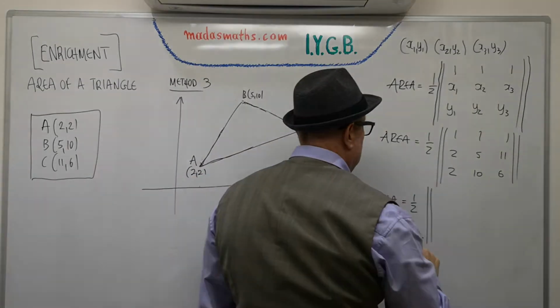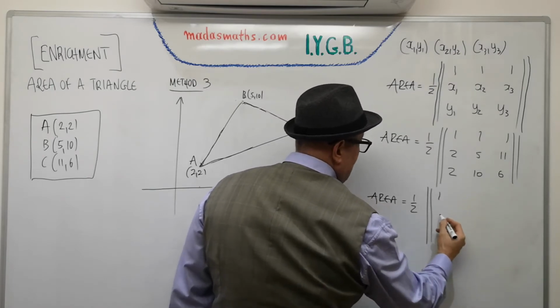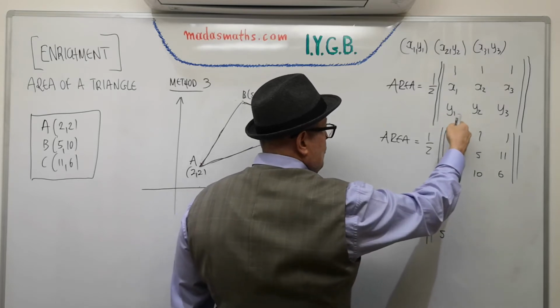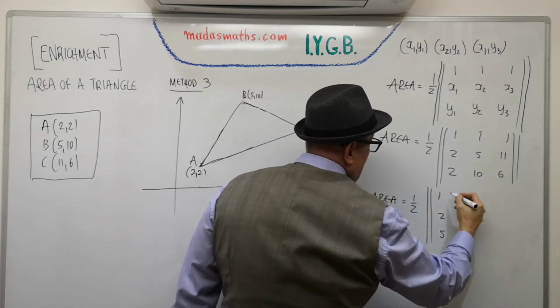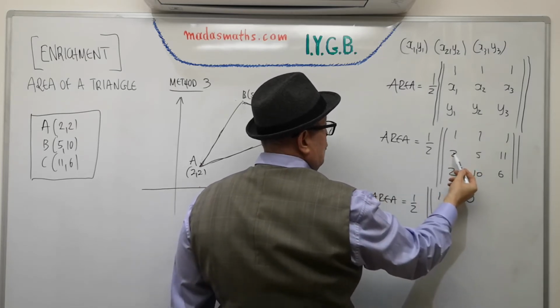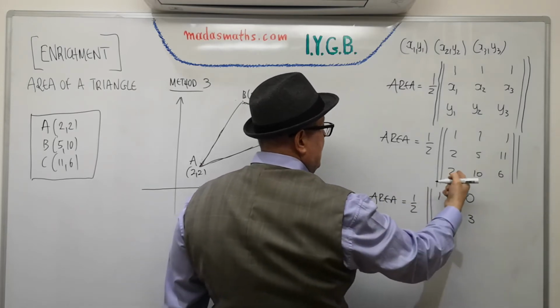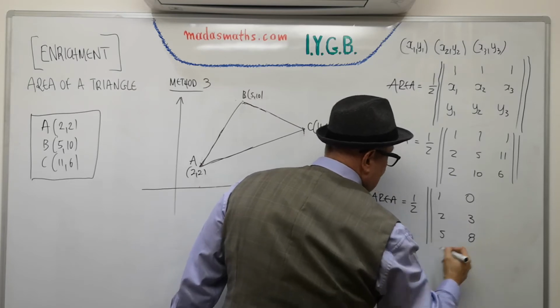It's a property of determinants. I don't know if you've seen it before. If not, well, you're learning something. So that's the first column times -1 and added to the second, which gives me 0. That's why I've done that. Times this by -1, -2, that will become now a 3 when I add it to that, and times this by -1, -2, added to that, it will give me 8.